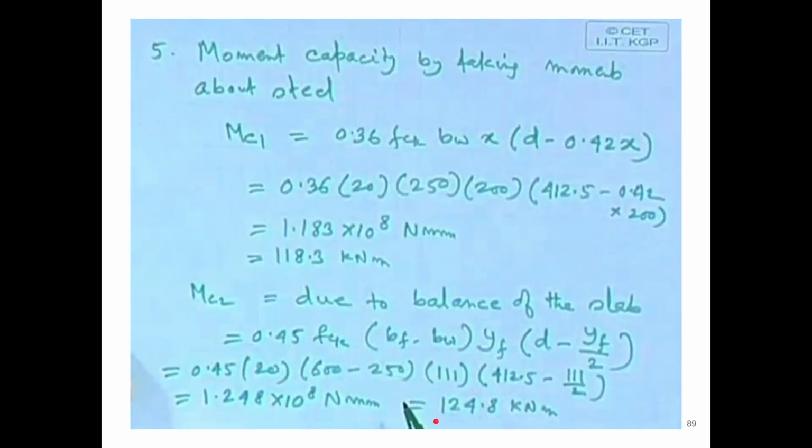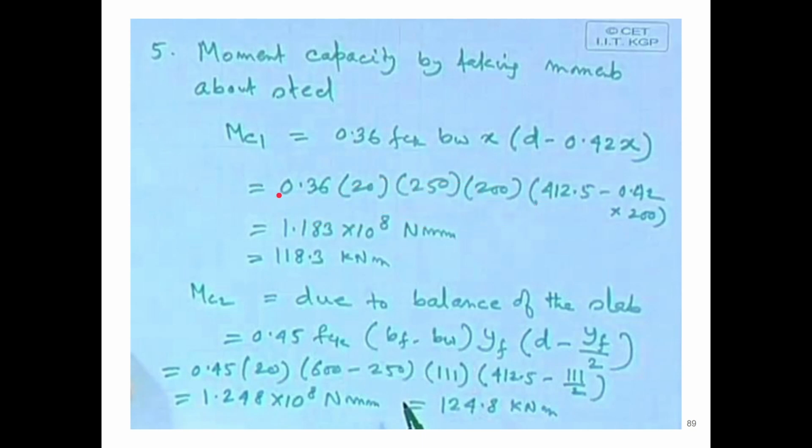Using this x, we will find the moment capacity by taking moment about steel. We will go from the concrete side. So Mc1 will be 0.36 fck bw x into d minus 0.42x, which is the lever arm. This is mainly from the web part, where we have gone up to x.